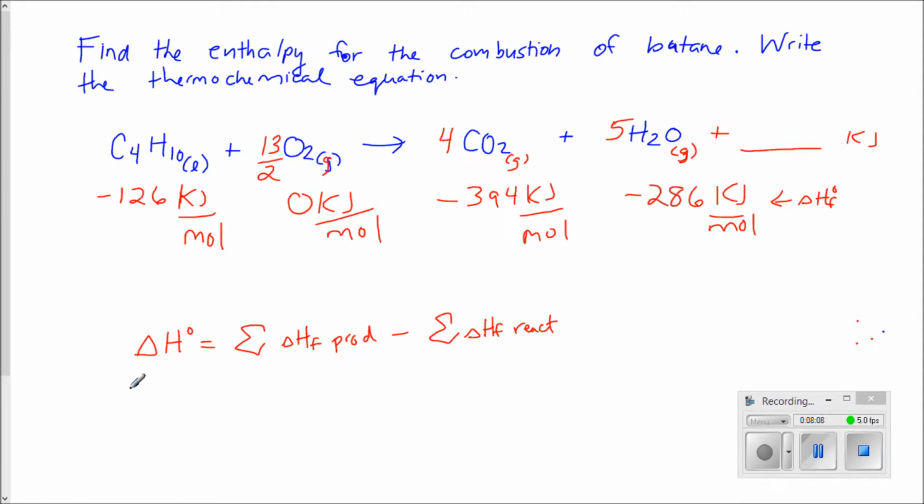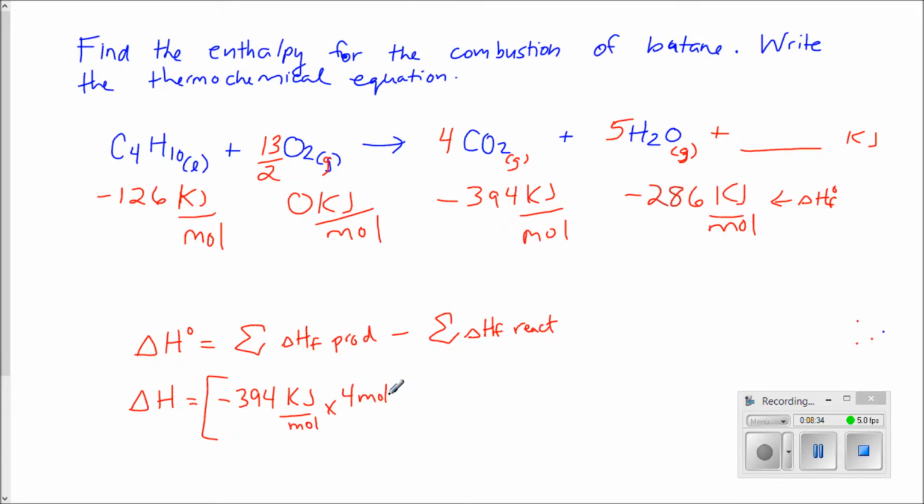So delta H. What we're going to do is a big square bracket for all my products. And we know that my first product is going to be my CO2. So I'm going to put my heat of formation for CO2. I'm going to include my units. That's right. Include your units, people. And multiply that by the number of moles that I have. Okay? So this is for CO2.